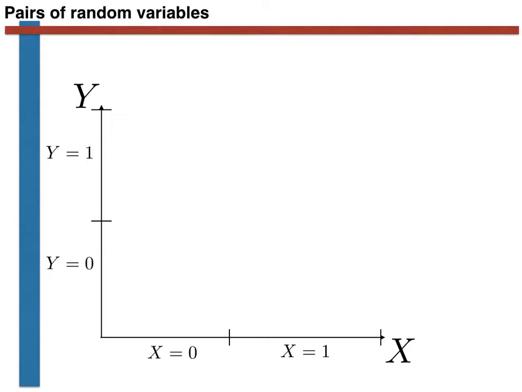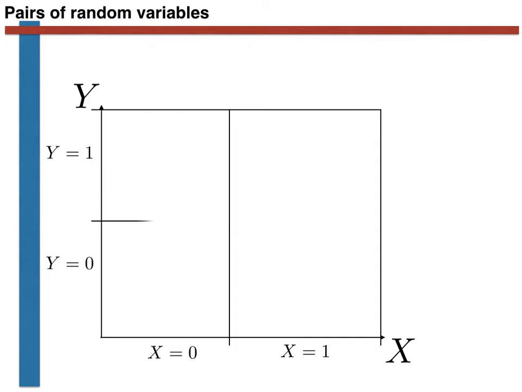To talk about the probabilities of pairs of random variables simultaneously, we saw how we can divide up the plane into regions with areas that are proportional to having particular values for the random variables x and y. In the diagram shown here, the shape here has an area proportional to having x equals 0 and y equals 0 simultaneously. The shape here has an area proportional to the probability of having x equals 0 and y equals 1 simultaneously.